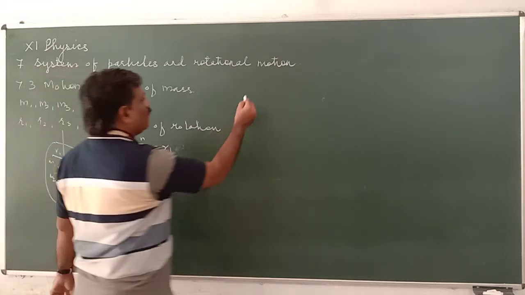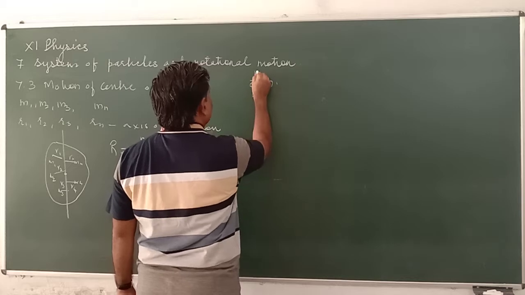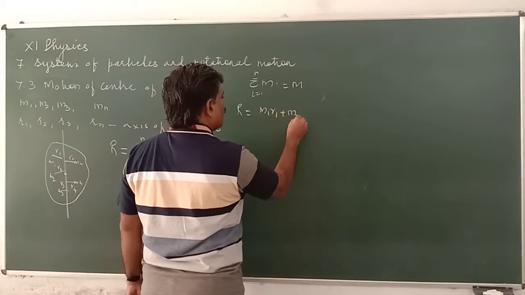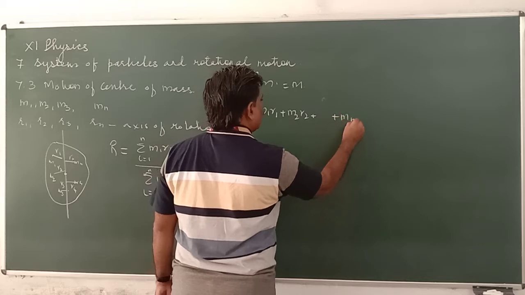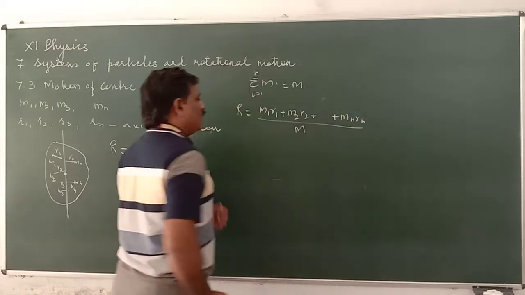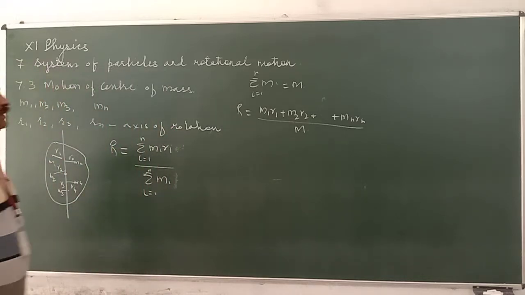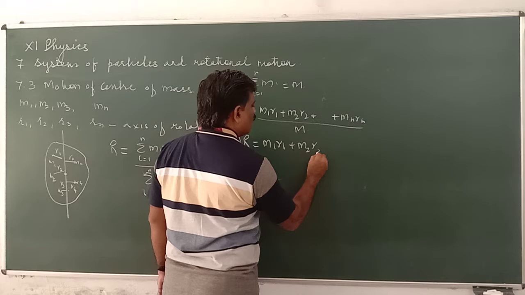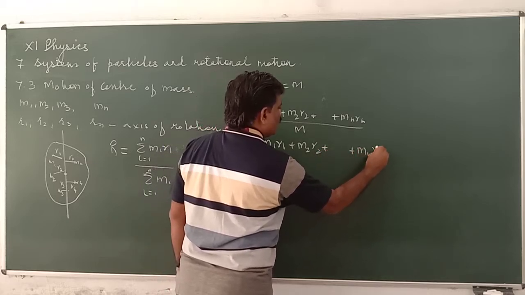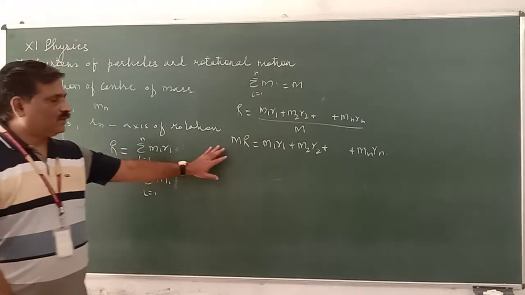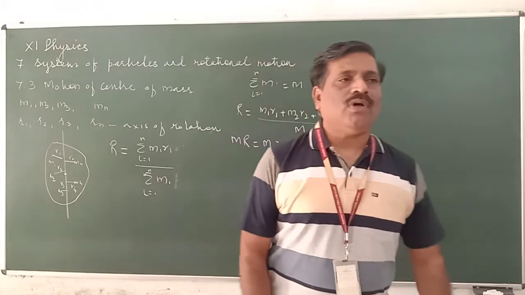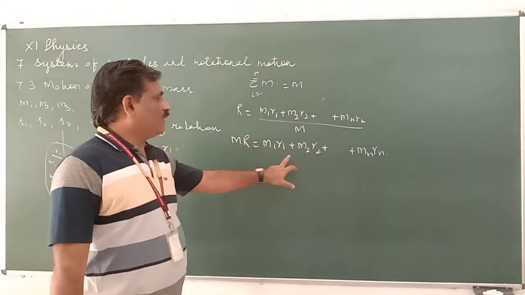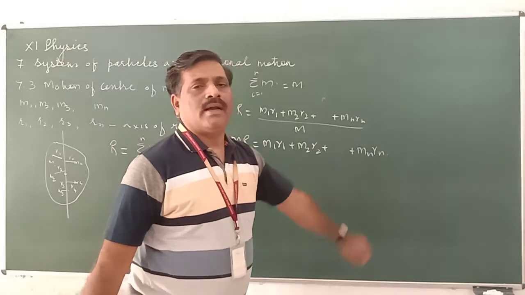This summation mi is equal to capital M. Therefore, R is equal to m1 r1 plus m2 r2 plus so on mn rn, divided by capital M. Then MR is equal to m1 r1 plus m2 r2 and so on mn rn, where M is the total mass, the sum of the masses of all the particles.